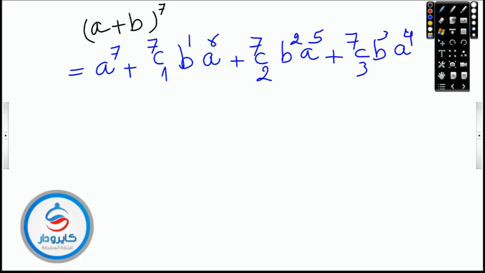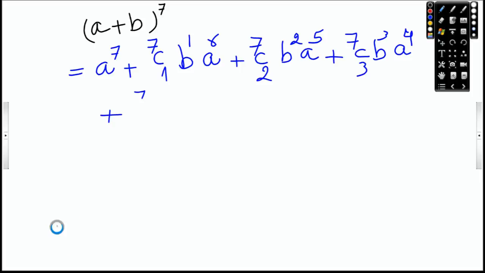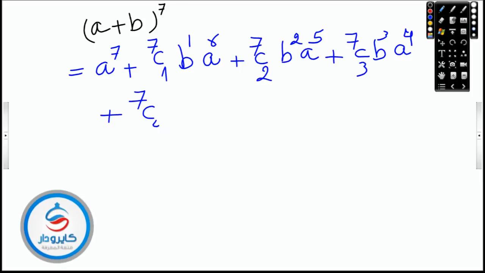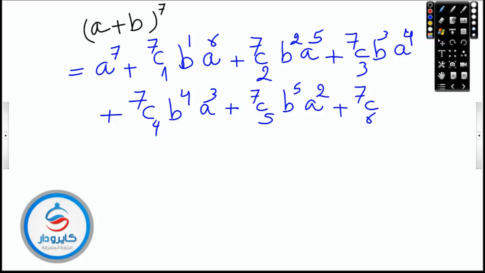Let's move to the next term, 7c4 b power 4 a power difference, plus 7c5 b power 5, a power difference, which is a power 2, plus 7c6 b power 6 a power 1. I don't need to write 7c7 because it's 1. The last term will be b power of 7.